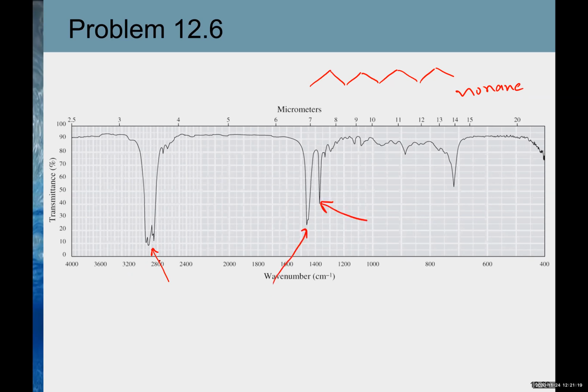Let's start from the left-hand side at 2800. What is that? CH stretching. How about the middle peak? CH2 bending. And the last one is CH3 bending. We don't need to worry about the rest of the peaks. Any question about this problem?